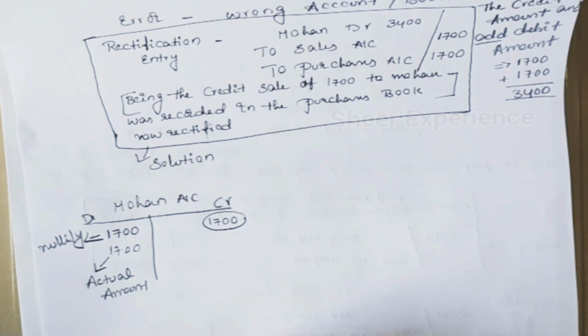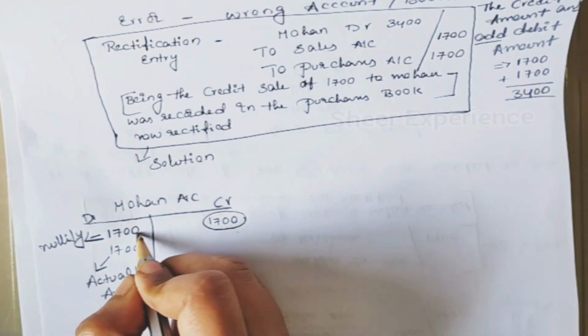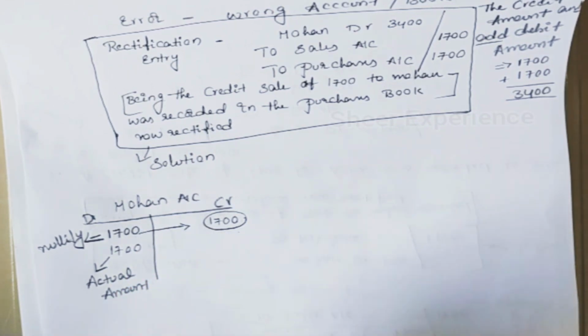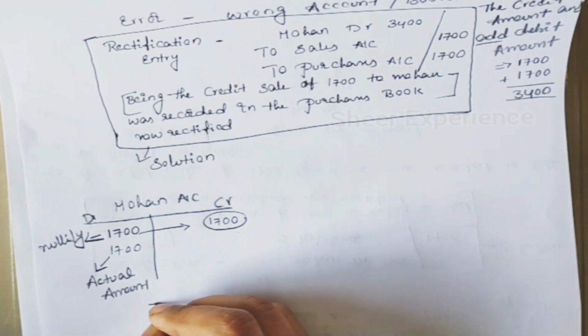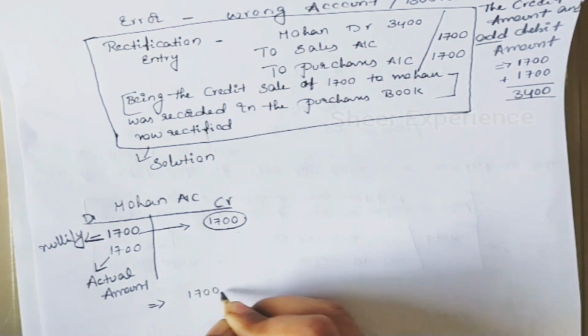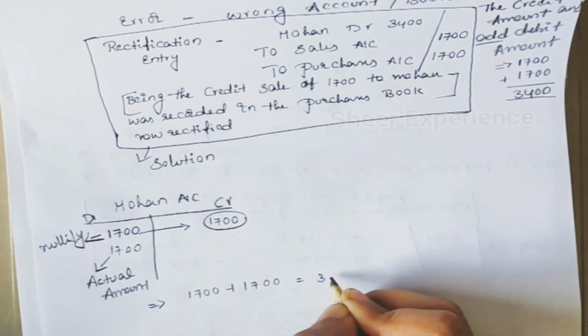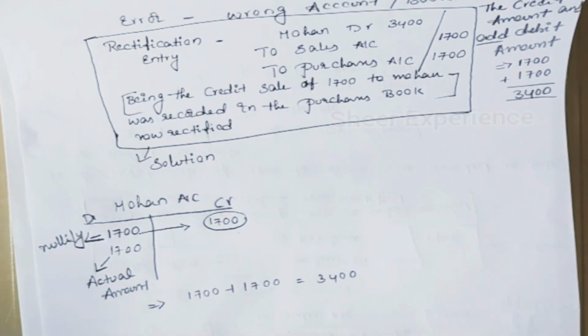This 1700 will nullify the credit amount. We need to debit Mohan's account with one more 1700, which is the actual amount. So 1700 plus 1700 is 3400 on the debit side of Mohan's account. The same amount is recorded for Mohan's account in the rectification entry.